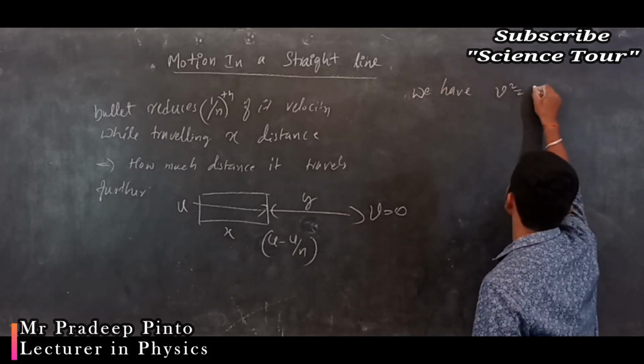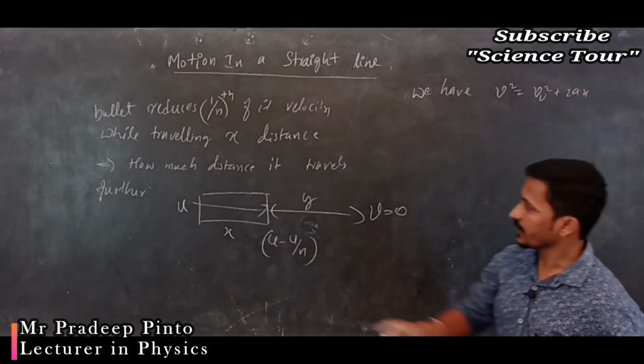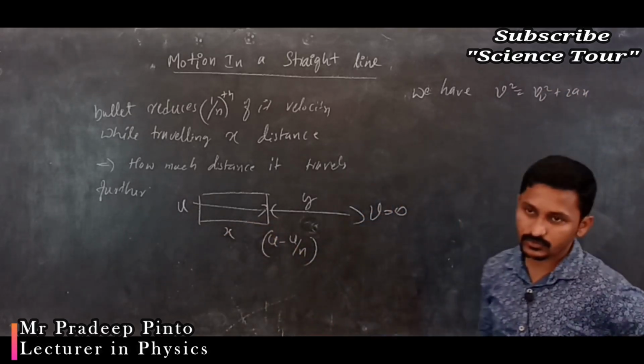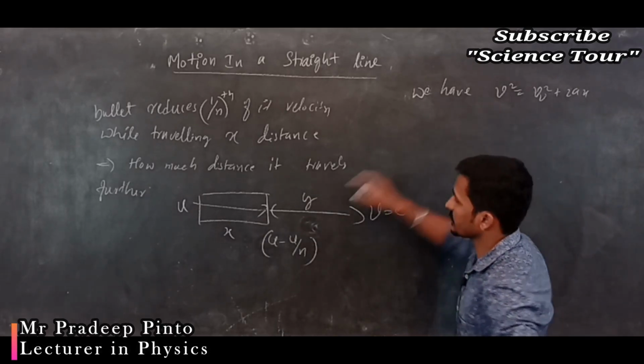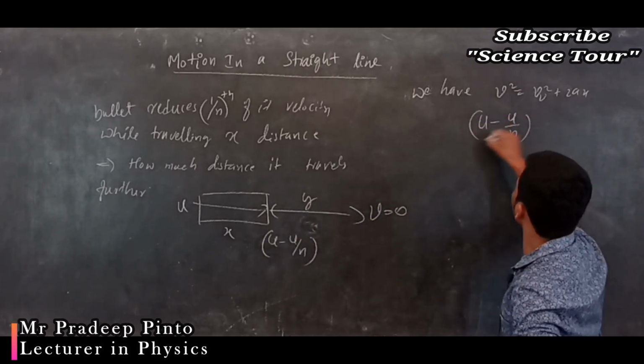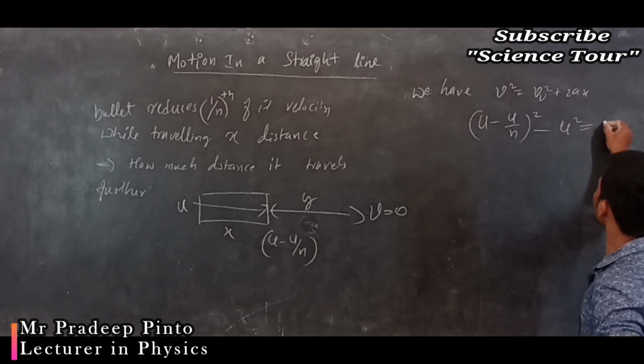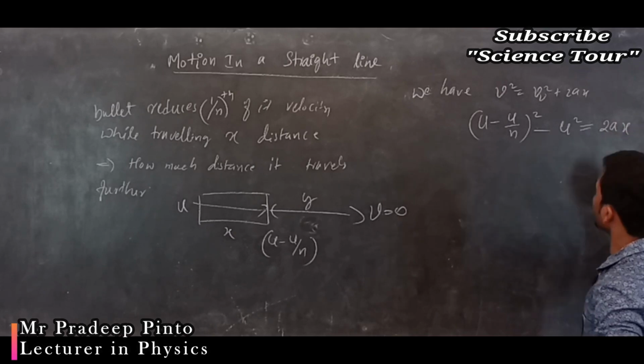So again we have v square equal to v naught square plus 2ax formula, no? So first x is traveled, so what is the final velocity? U minus u by n whole square minus u square is equal to 2ax.